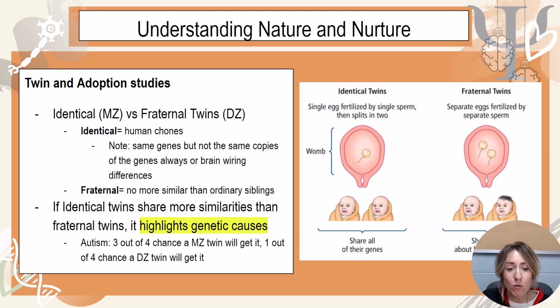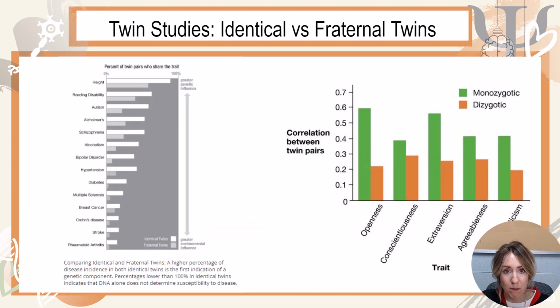However, what's interesting here is that it's not 4 out of 4. You would assume that if autism was completely genetic and there wasn't any environment, it would be 4 out of 4, but it's 3 out of 4. So that speaks to some environment. So you can see how studying identical versus fraternal twins gives us more information about how much genetics, how much environment, 100% one, 100% other, and what the variations in between are.